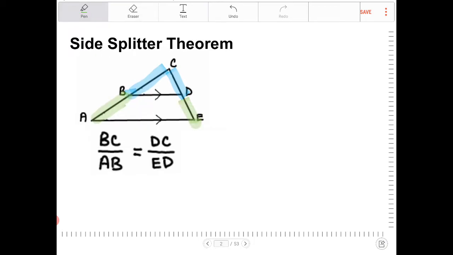This is different from corresponding parts of similar triangles being proportional. What we're saying here is that the parts that are partitioned, as it turns out, are going to be proportional as well. This is the Sidesplitter Theorem.